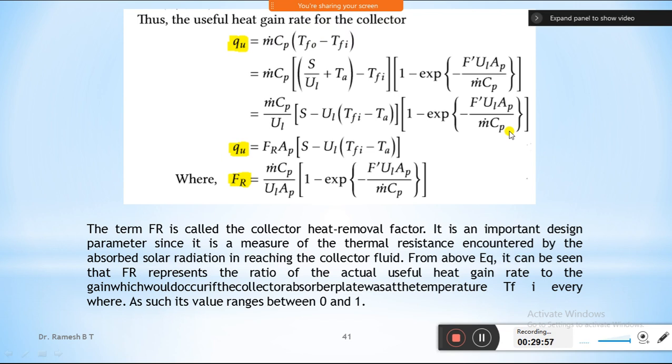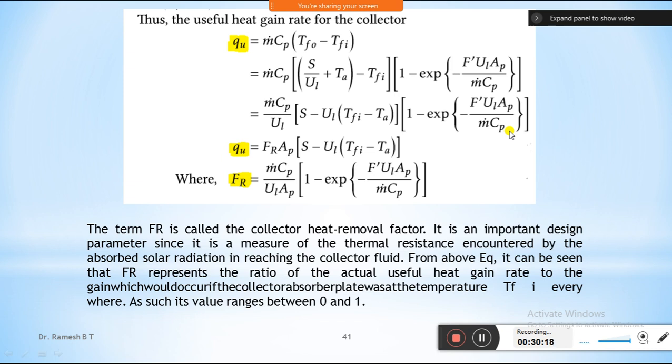Heat transfer flow equations: these are some important equations you should remember. There are no derivations, you just remember these equations, and in the examinations they may ask you to explain the collector heat removal factor. In that case you have to draw this figure, explain it, and write this equation.